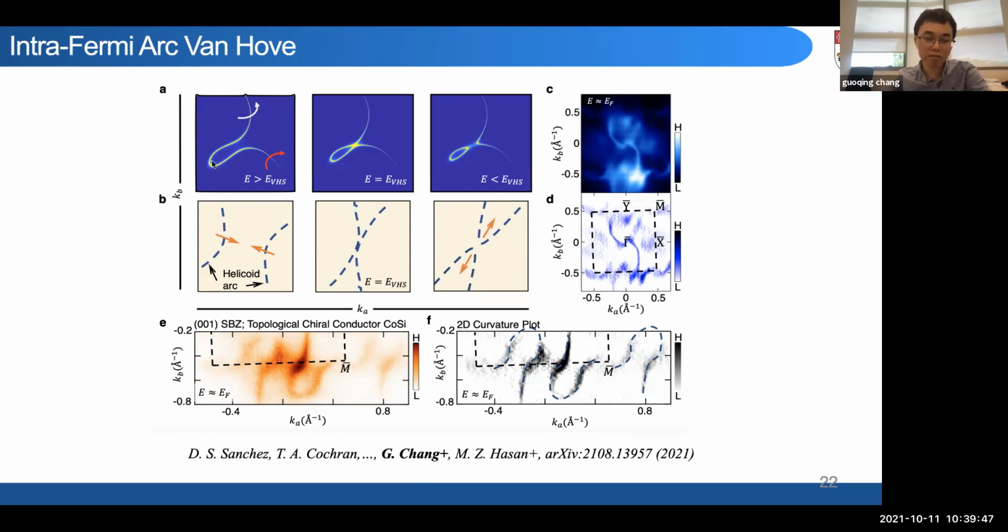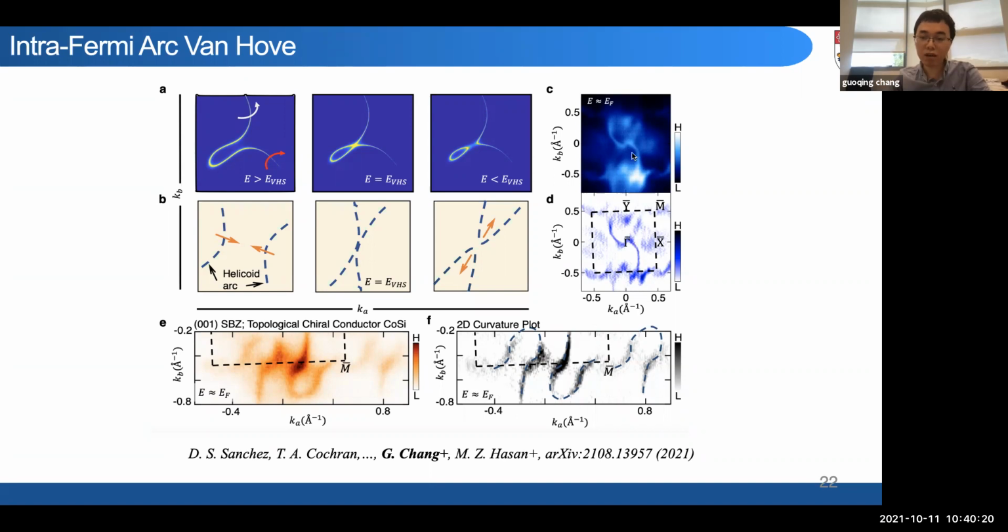But at this location, the spiral structure is actually moving very slowly. As a result, you will create a kink structure on the Fermi arc surface. These two points will move towards each other and create another Van Hove singularity, which is defined as the intra-Fermi arc Van Hove, and they will further move away from each other, forming new Van Hove singularities. We indeed observe such a very interesting kink structure from the Fermi arc states.